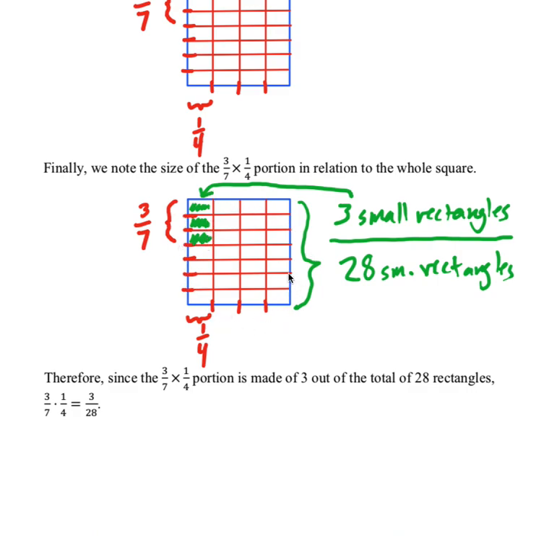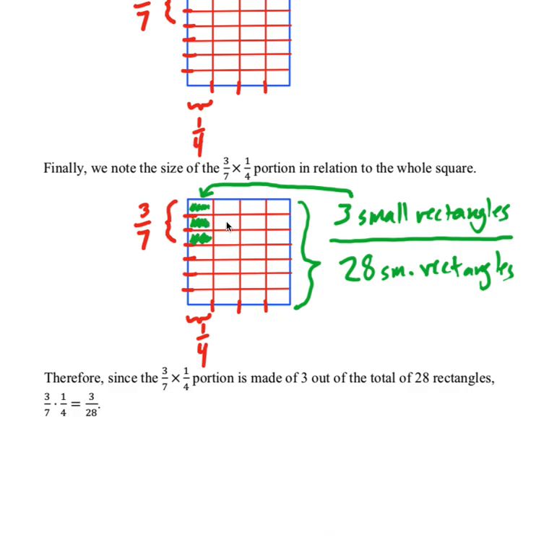Our square unit consists of 28 of those small rectangles. You can get that 28 by counting, of course, or you can remember that there were a total of 7 equal-sized pieces along one dimension and 4 equal-sized pieces along another dimension, which means you have a total of 7 times 4 equals 28 of these rectangles.